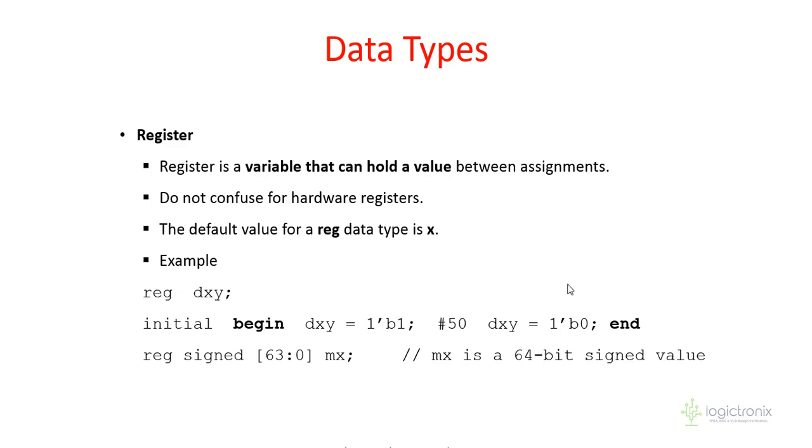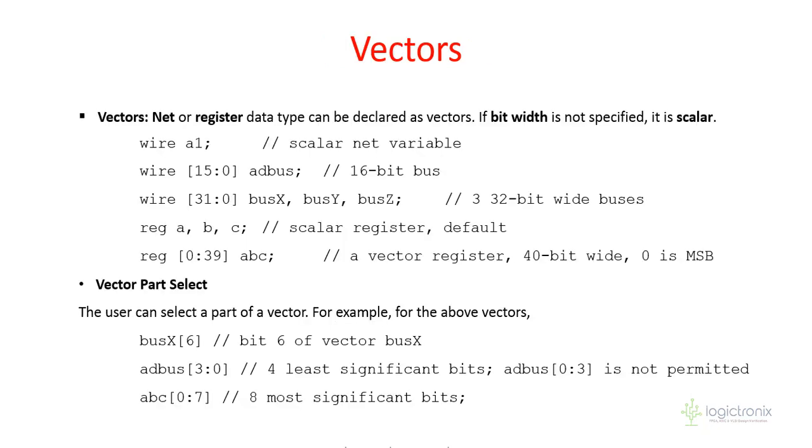Actually dxy is 1 bit, and we change the value by first giving 1 and second giving 0 with a 50 time unit delay. So the delay is specified with #50, which means the overall unit of delay is 50. So it depends upon the timescale compiler directive, which represents timing parameters. So let's go for the next, which is vector.